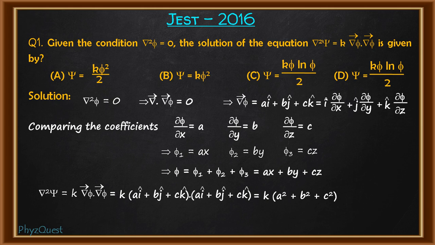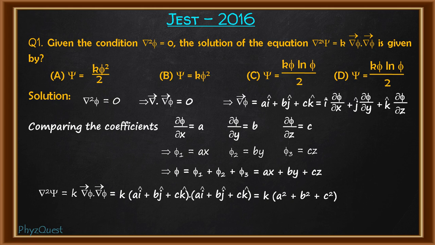And in the expression of phi, we have the terms ax, by and cz. That means x to the power 1, y to the power 1 and z to the power 1 are there. And from the analysis of psi, we have come to a conclusion that psi could have terms of x to the power 2, y to the power 2, z to the power 2.